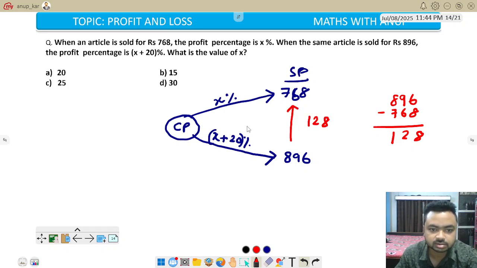Here the difference is 128, and the difference in percentage is 20%, so 20% is equivalent to 128.